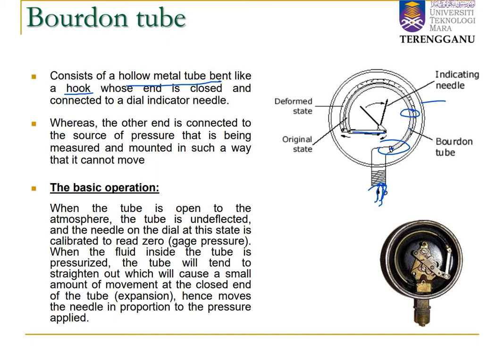When it deflects, it causes the needle to move from here to here. So from here we can read the pressure difference, right? For your information, with these Bourdon tubes, the pressure measured is gauge pressure.